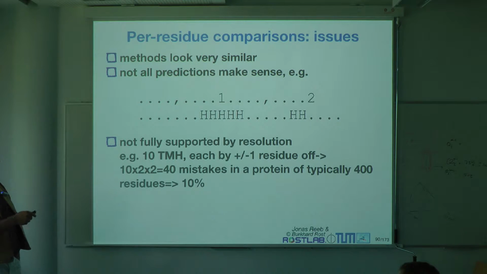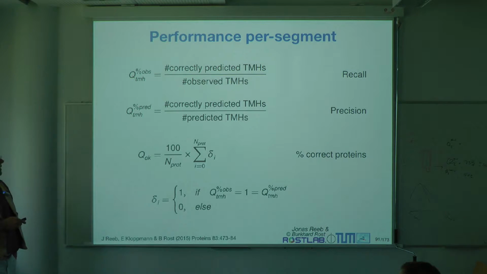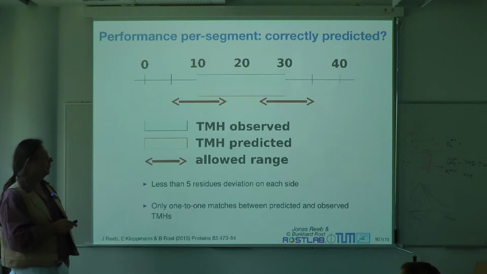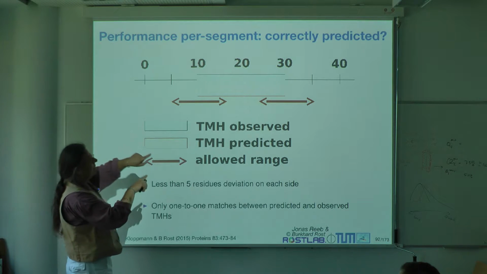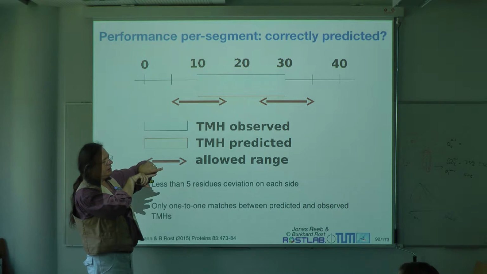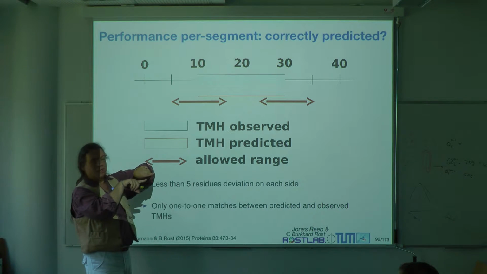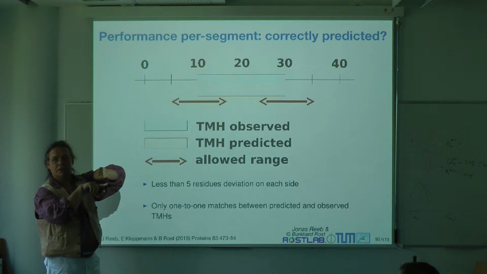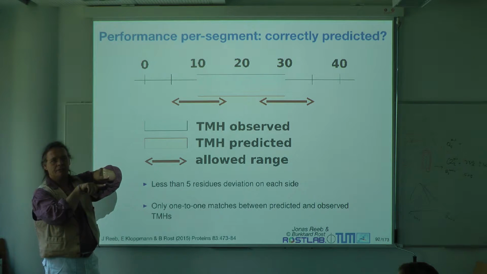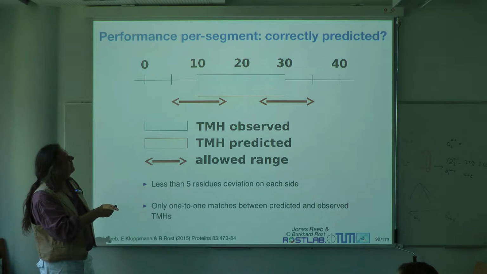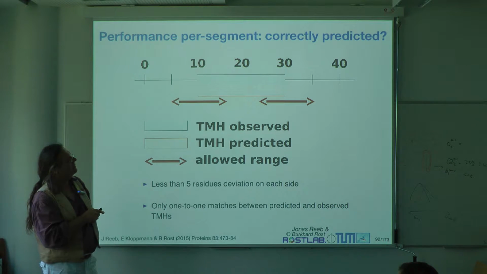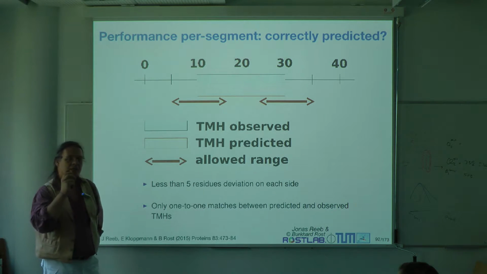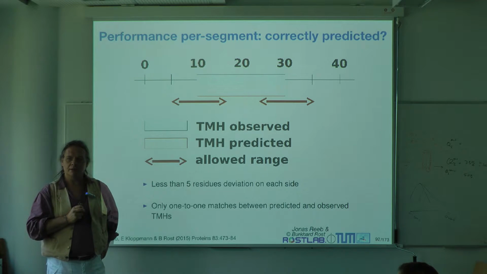That we have to measure somehow how well we get segments. The segment idea is that from now on we look at segment overlap between the observed transmembrane helix and the predicted membrane helix. We allow them to differ by at most 5 residues on either side. If they differ by less than 5 on the sides, then we say that the membrane helix is correctly predicted.